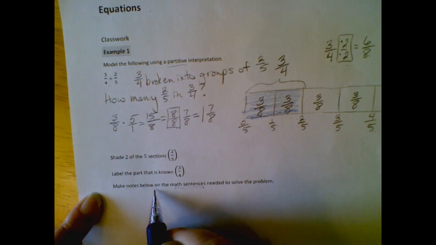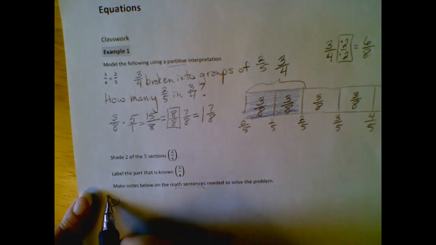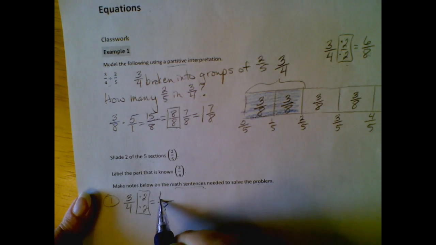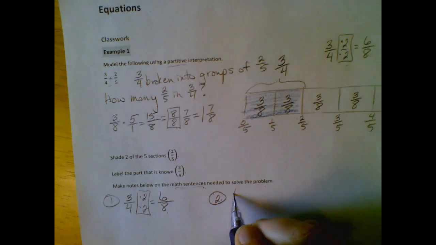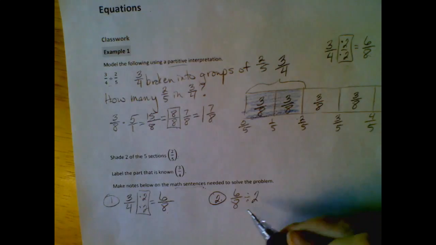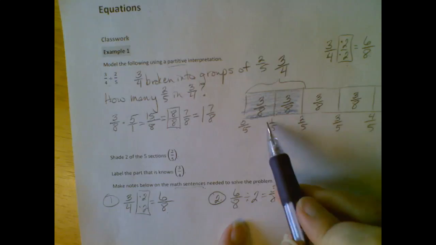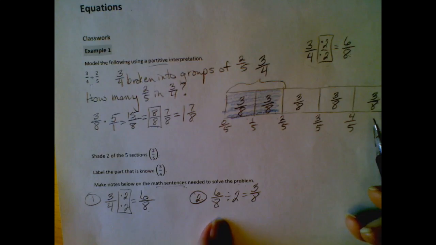First, we did 3/4 and made it usable to break into 2 groups easier. Then we took 6/8. We didn't write it down, but we took half of it, so divided by 2. 6/8 divided by 2, giving me 3/8. So that's what I labeled all of my parts in my tape diagram.